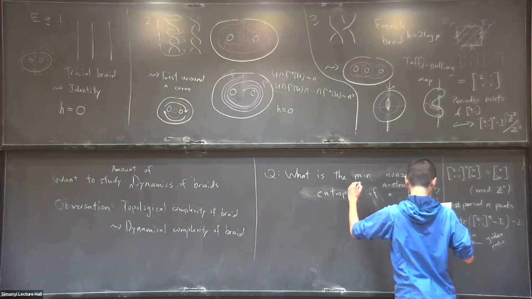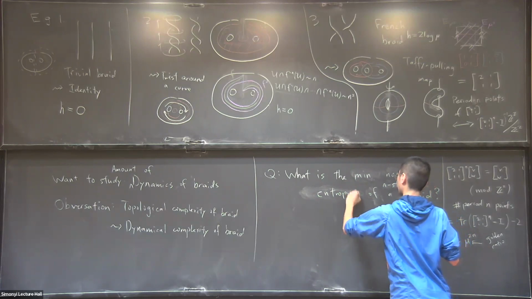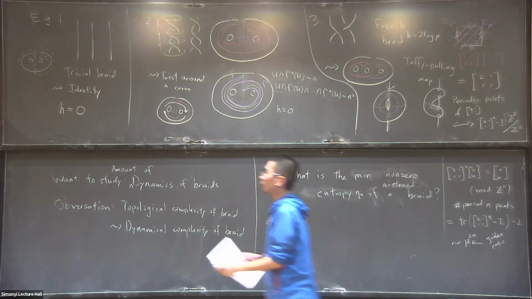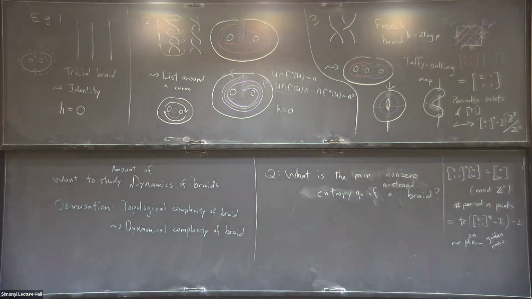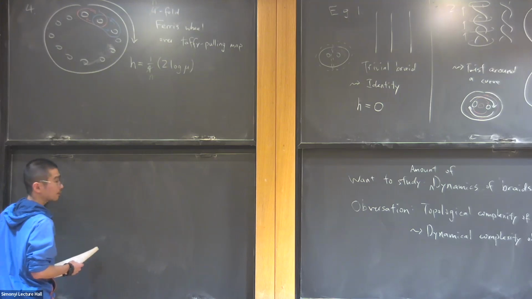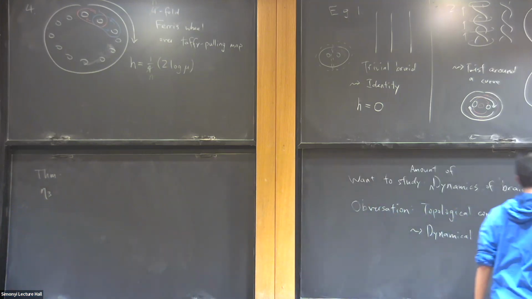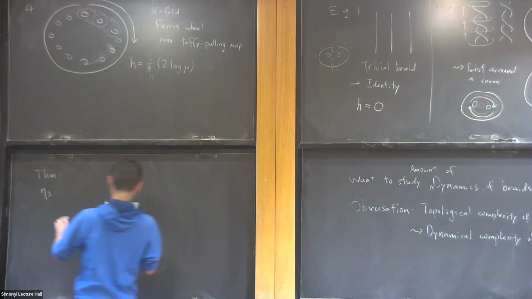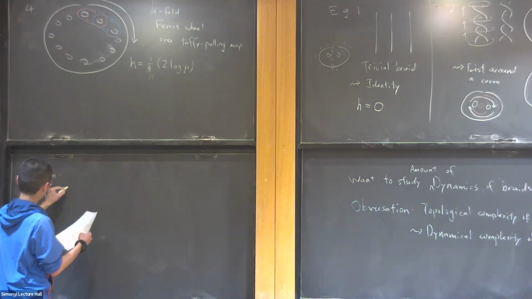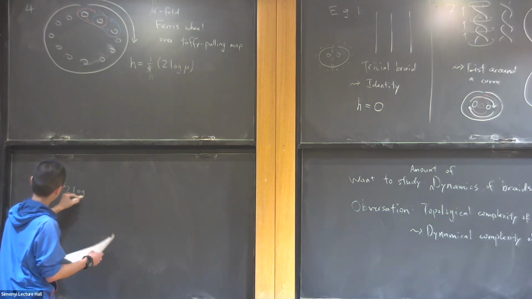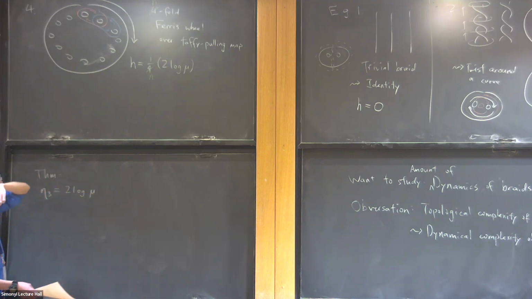I'll call this eta, the minimum. Okay, maximum. Chichuk likes flows and they show up.